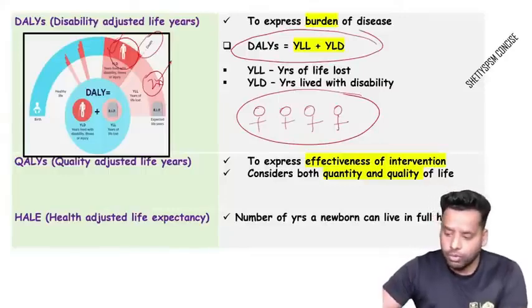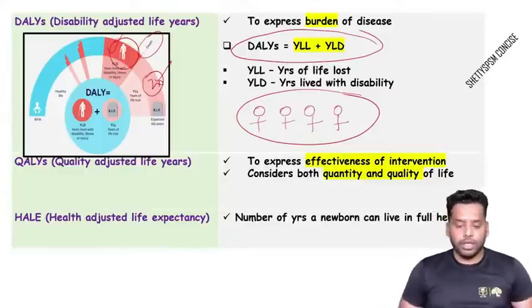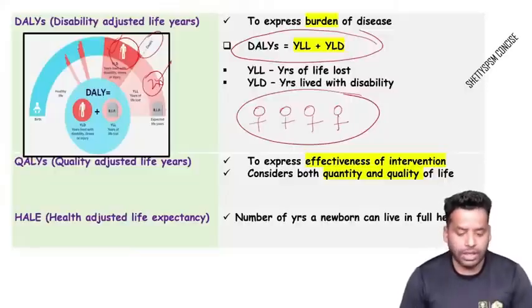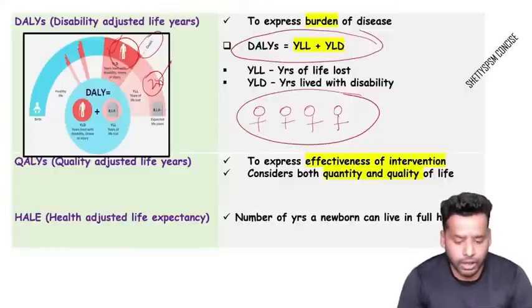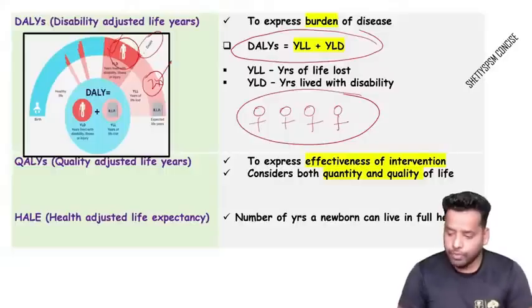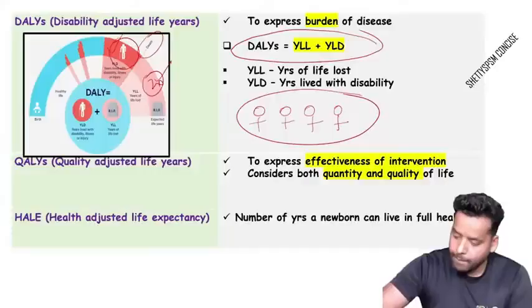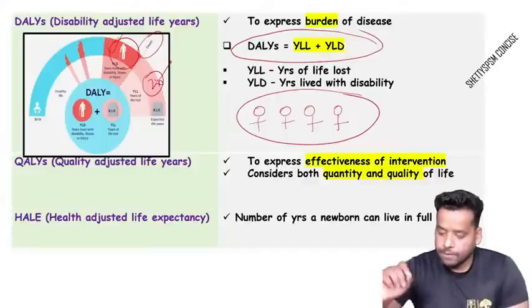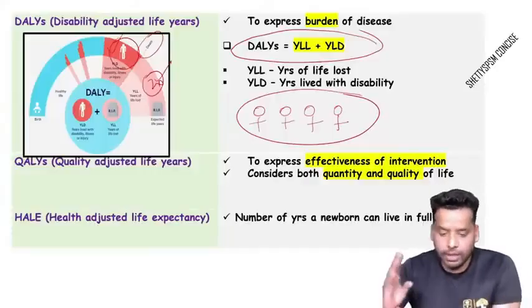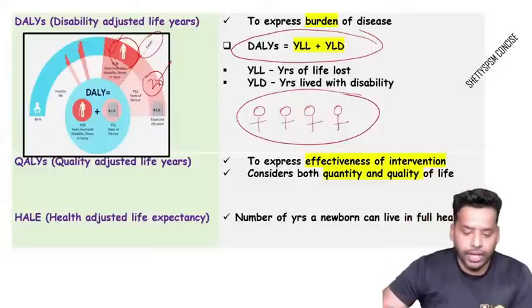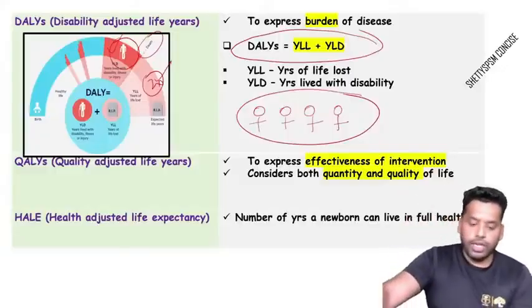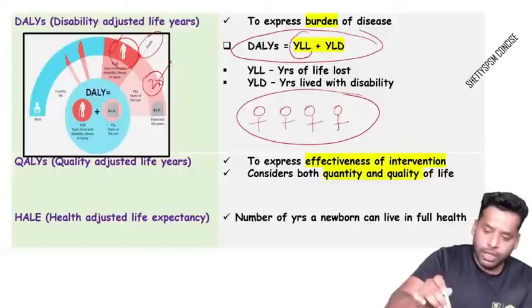together. Tell me true or false: DALYs will include both mortality and disability together. Yes, correct. YLL and YLD. Out of YLL and YLD, which will indicate premature mortality?